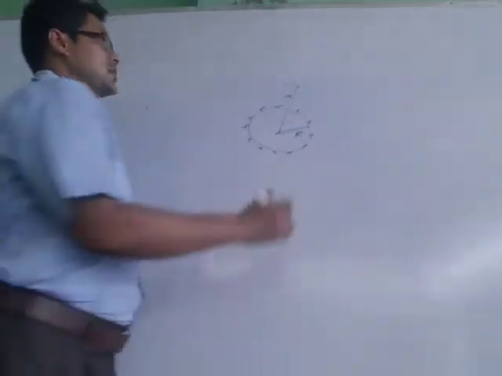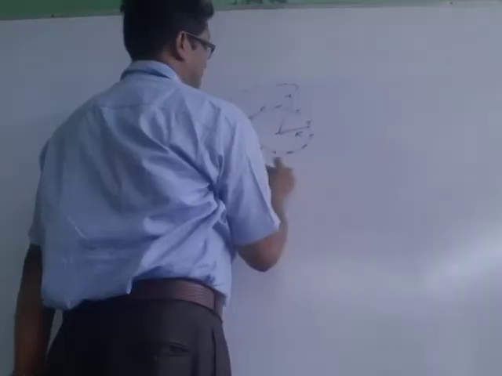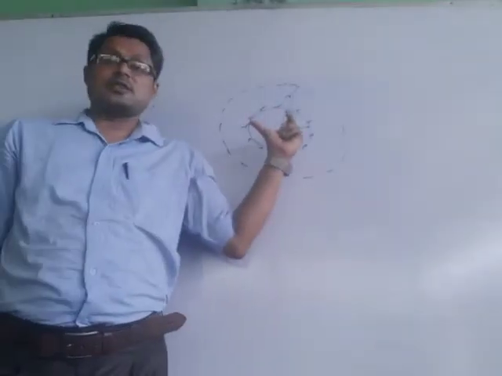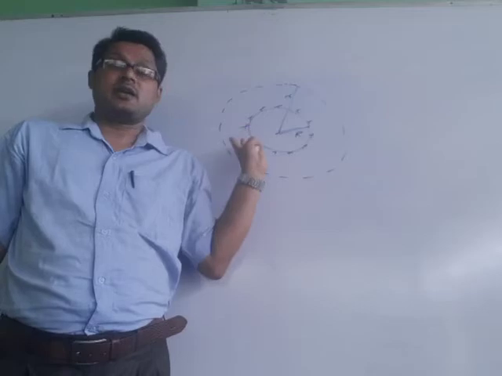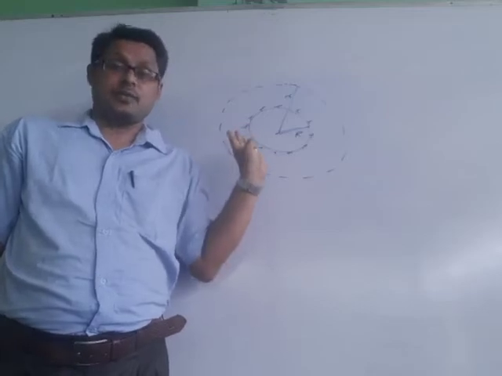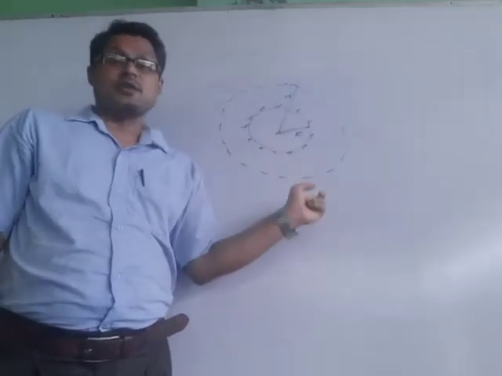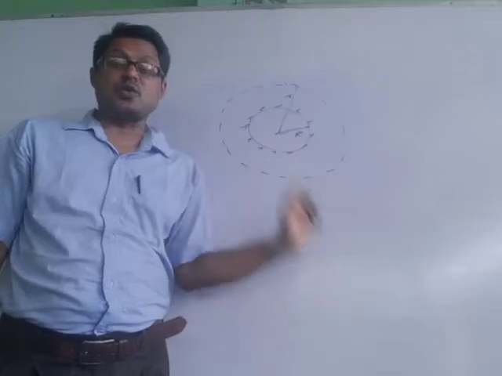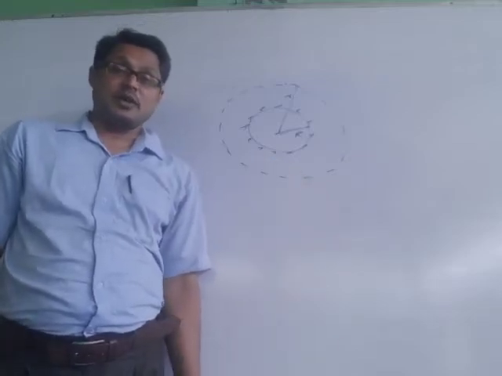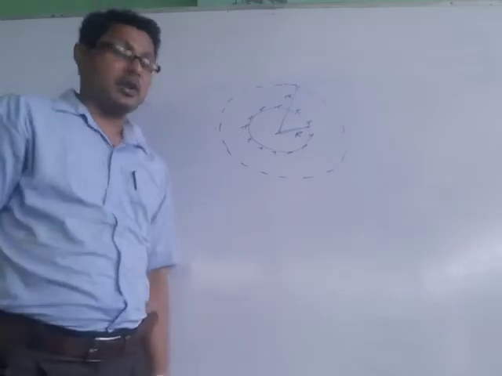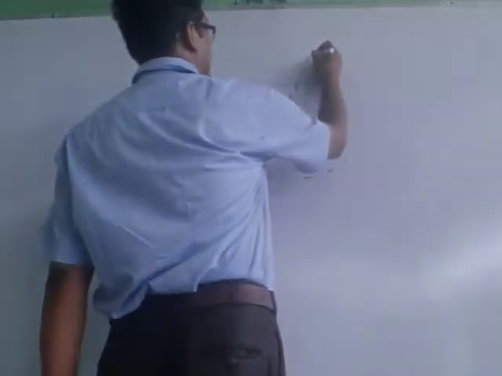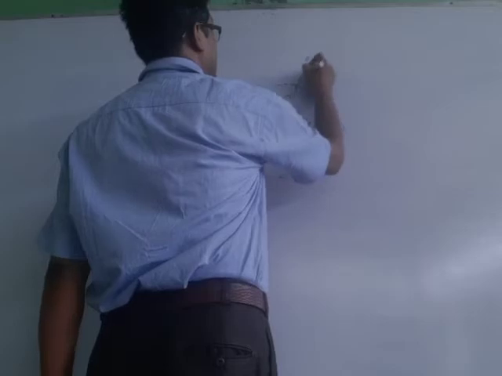Then we have to consider a sphere of radius small r to enclose this charged body, because I have to enclose this. Then I can apply Gauss theorem. So this surface is known as Gaussian surface, which is used to enclose the charged body. And you have to choose the Gaussian surface in such a way that the area vector and intensity vector remain in the same direction.